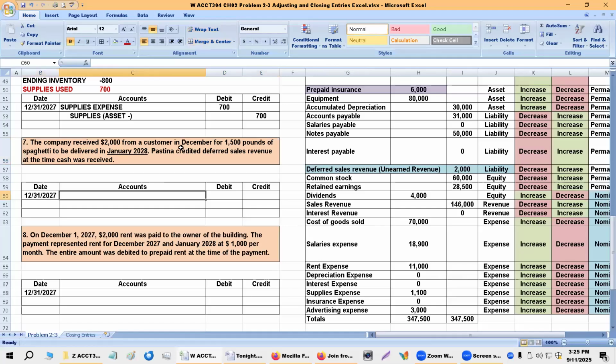We don't need to adjust anything. Okay, no entry. We haven't earned any of it. If we had sent them some of the spaghetti, say 1,000 pounds of it, we would have earned some of that $2,000. We haven't done anything yet. We're not going to do anything until next month, so no entry.